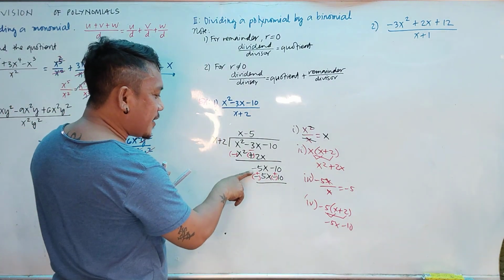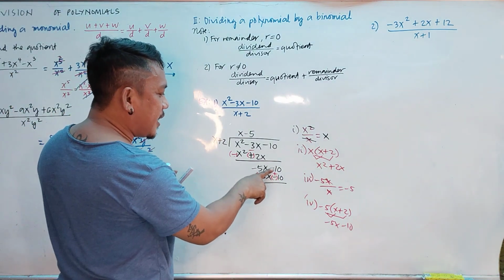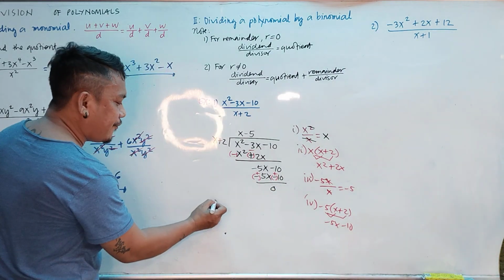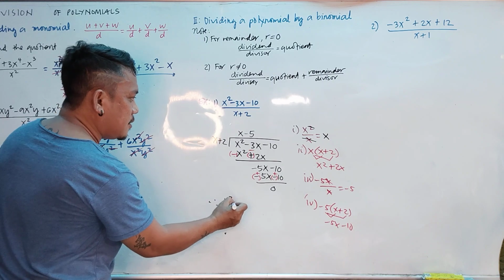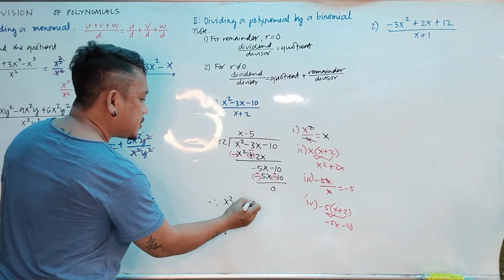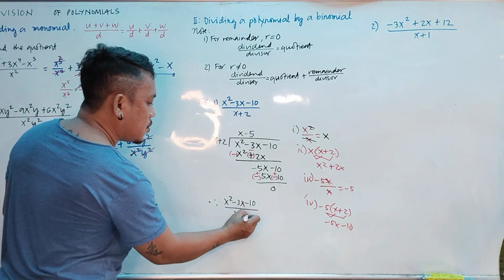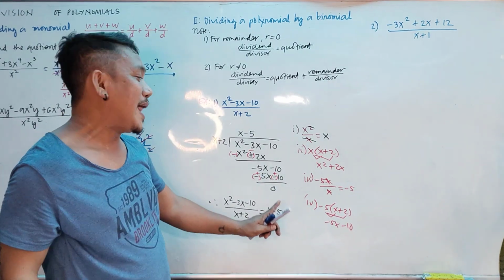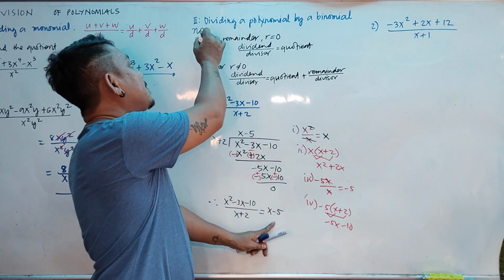So, here, negative 5 plus 5, 0. Negative 10 plus 10, you have 0. So, therefore, x squared minus 3x minus 10 over x plus 2 is equal to x minus 5. There is no remainder.